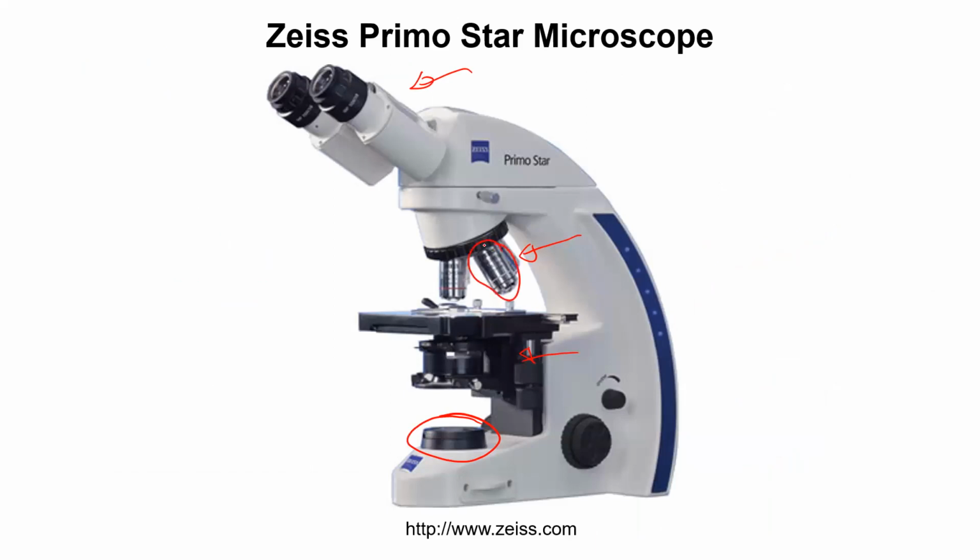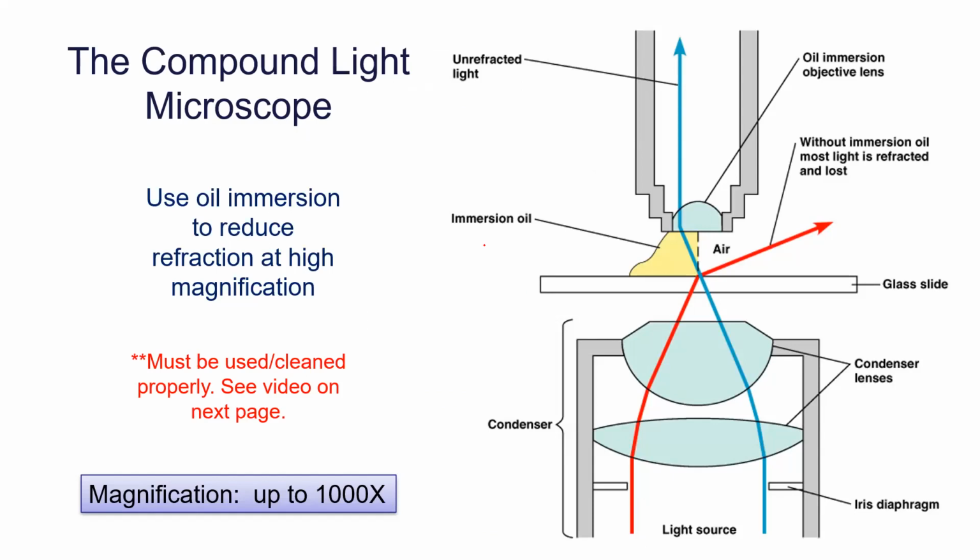When you're looking at really small samples, what happens, looking at this red line here, is the light goes through the glass slide, and every time the light goes through a different medium, it can be refracted a little bit. So anytime you're looking at something underwater, for example, sometimes it just doesn't look right because the lines of light aren't coming straight at you. And that's the same idea here. So a lot of light actually scatters, and the specimen looks relatively dark.